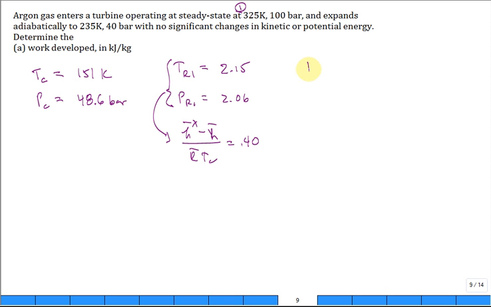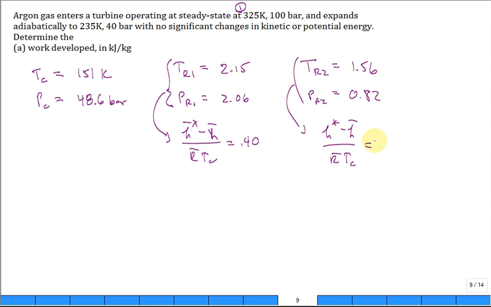And then the same for TR2 and PR2. You get TR2 of 1.56, PR2 of 0.82, and you read the chart and you get H asterisk minus H bar divided by R bar TC is equal to about 0.38.